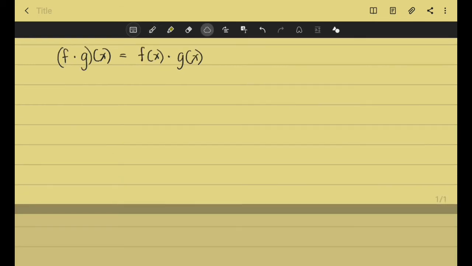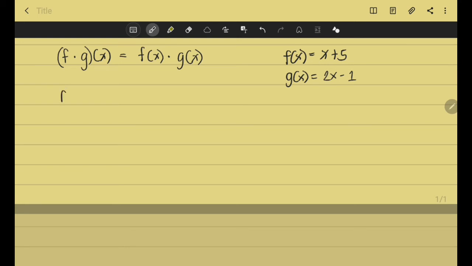Let us proceed with the next operation, multiplication. So again, let f and g be our functions. So we have f multiplied by g of x is equal to f of x multiplied by g of x. So given the function f of x is equal to x plus 5 and g of x as 2x minus 1, let us find their product.